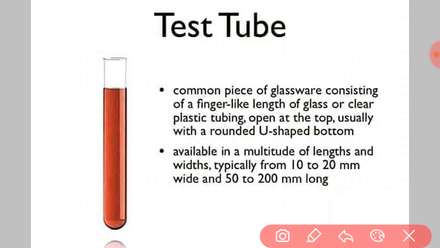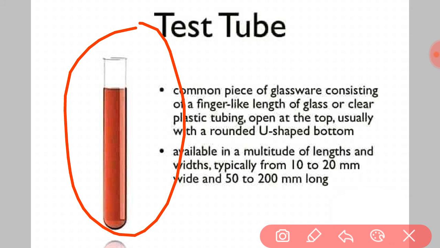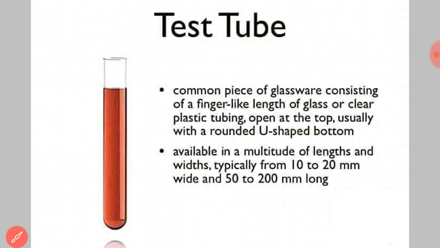Available in a multitude of lengths, widths typically from 10 to 20 millimeters and 50 to 200 millimeters long. This test tube is used for various chemical contents and also various testing in the laboratory. So this is our first lab equipment, that is the test tube.